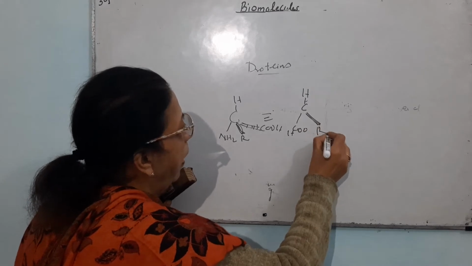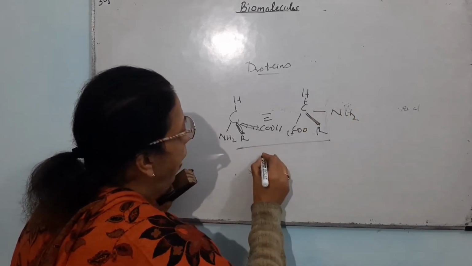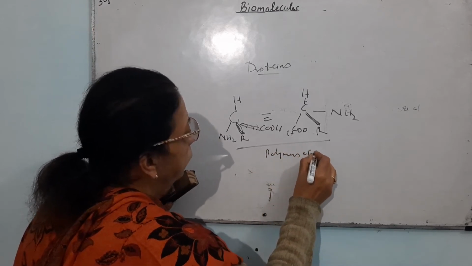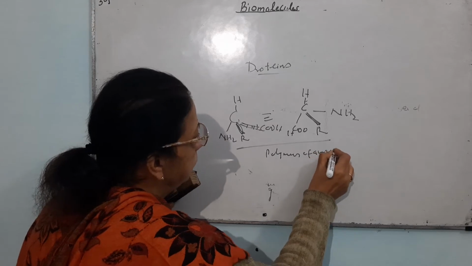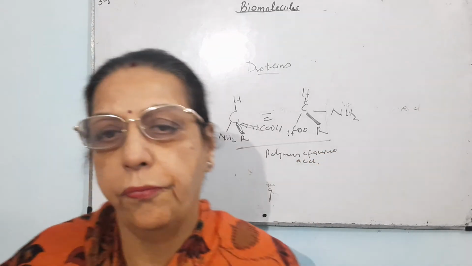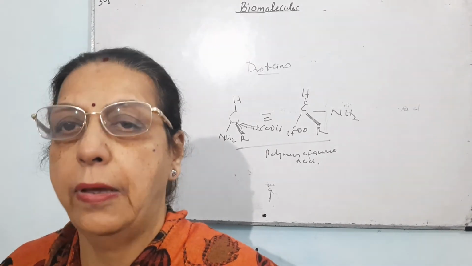Then we are having R and NH2 group on this side. So these two are forms of amino acids, and of course alpha amino acids.